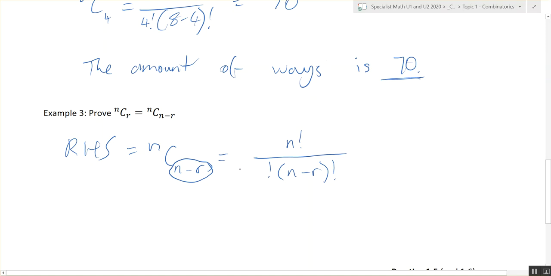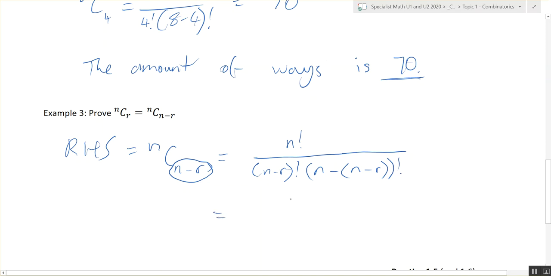Yep, so where the R is, we're changing it to N minus R. Okay, so there and there. And then there was an R inside the bracket, so I'm going to replace that as well. Does that make sense?